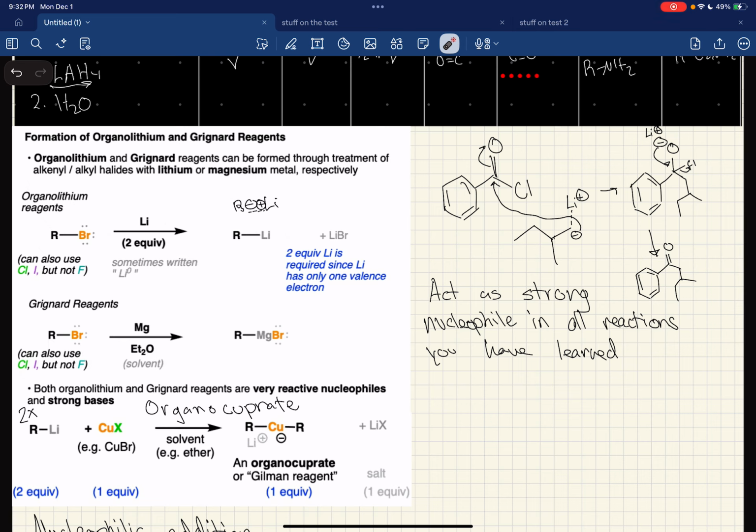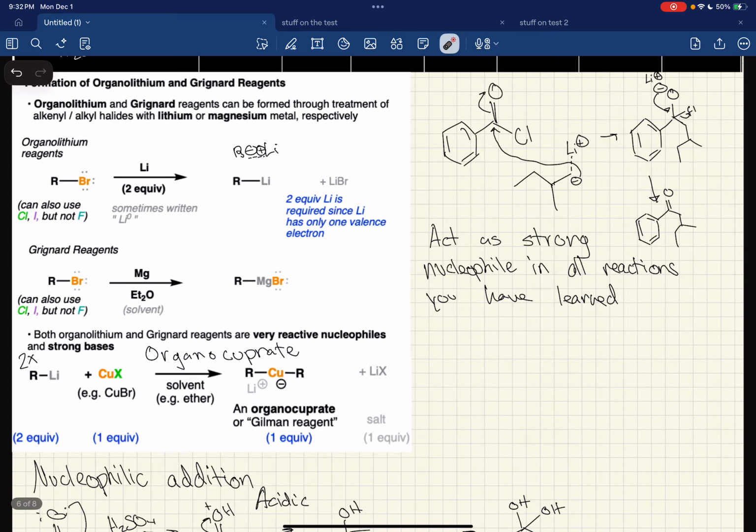And this is kind of how you make it, with two equivalents of lithium, because the other lithium will balance that bromine, the negative charge. I don't think you need to know the mechanism for that. Just kind of like know this.